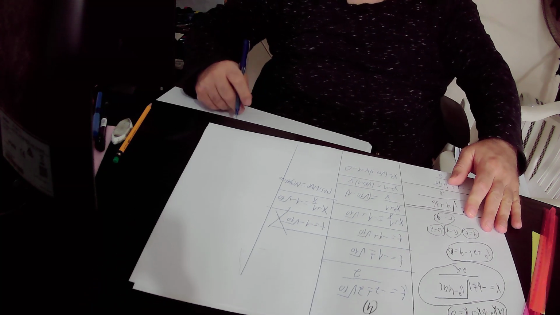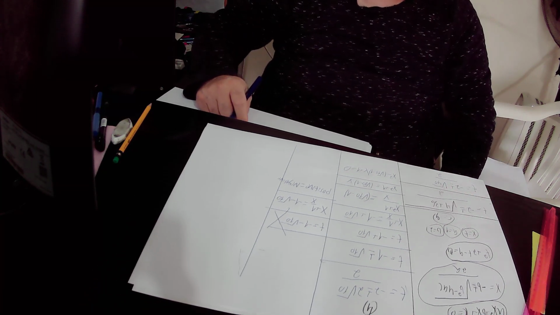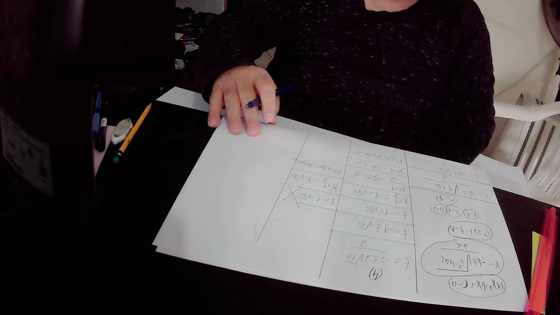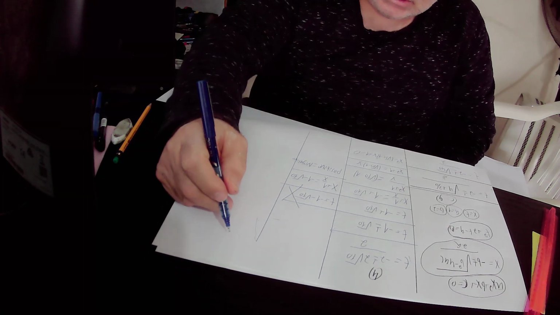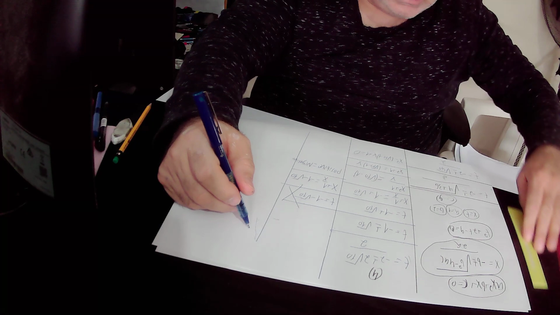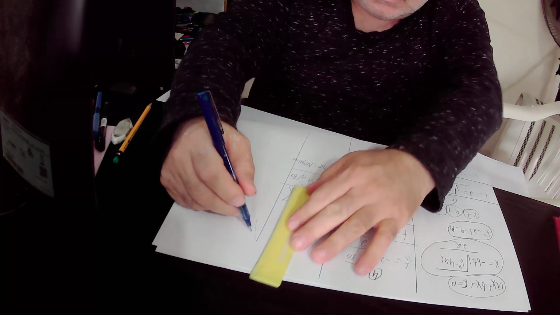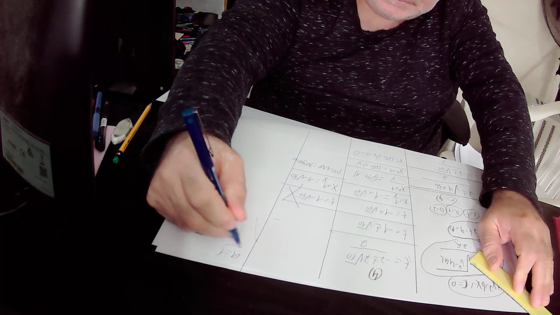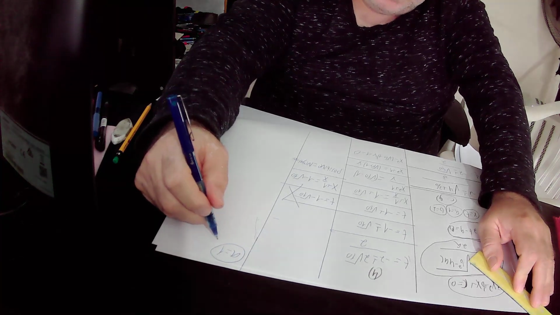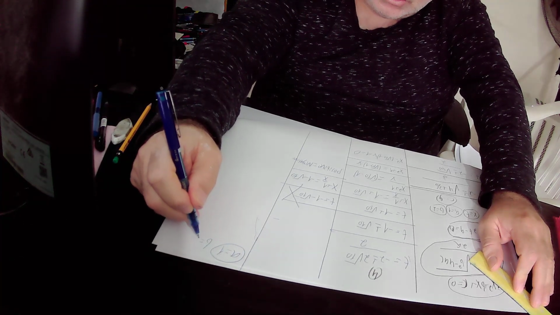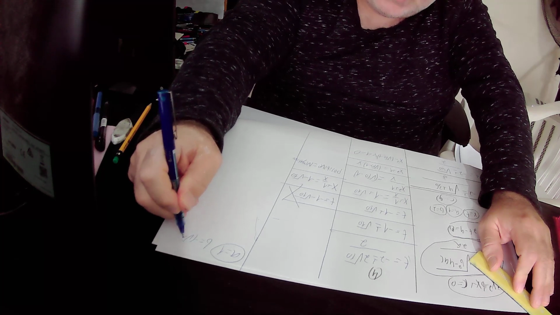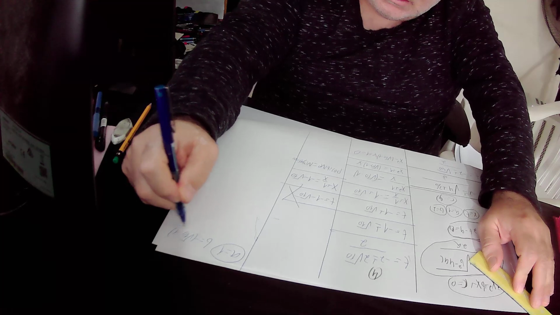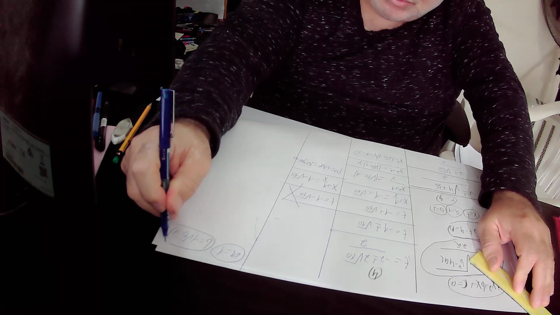So we got here a quadratic equation. In this quadratic equation, a equals to 1, b equals to minus square root of 10 minus 1, and c equals to 1.